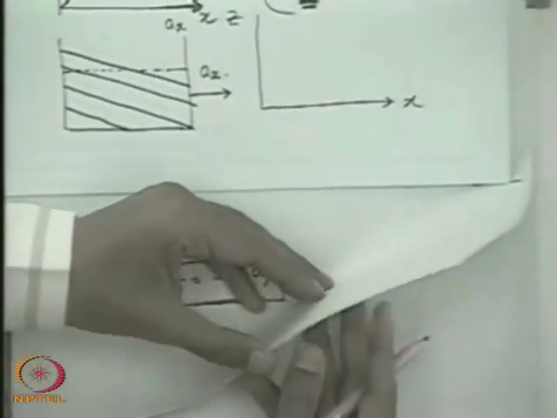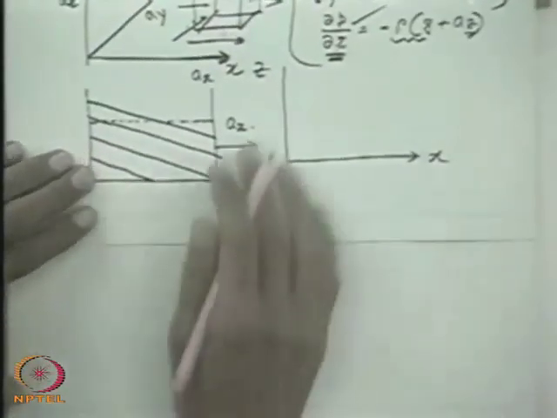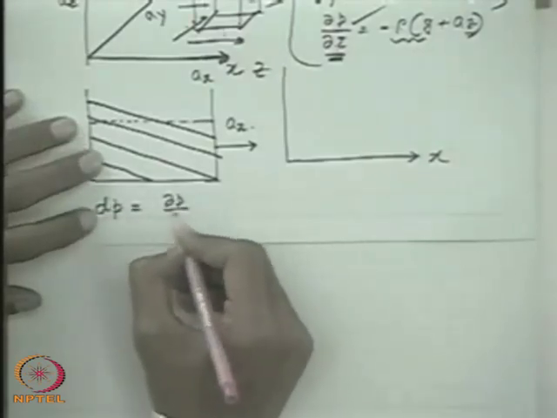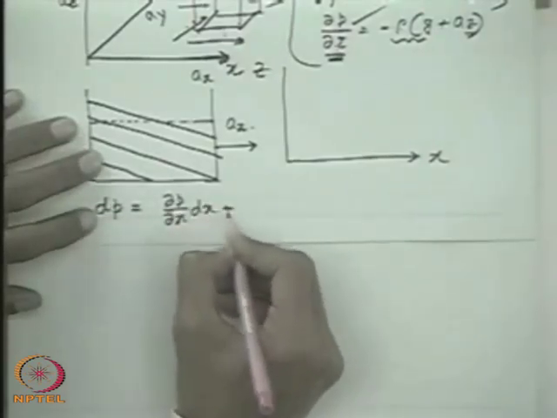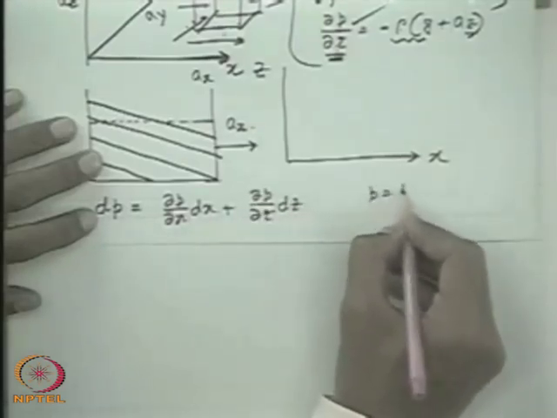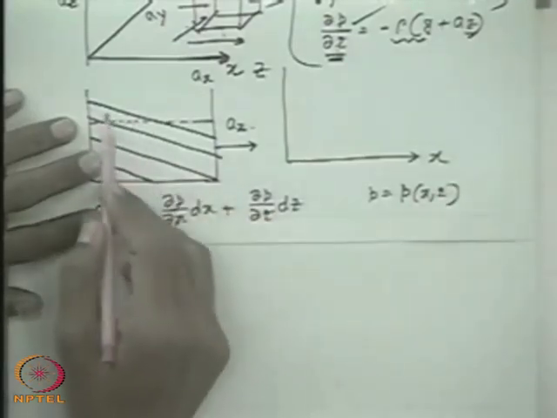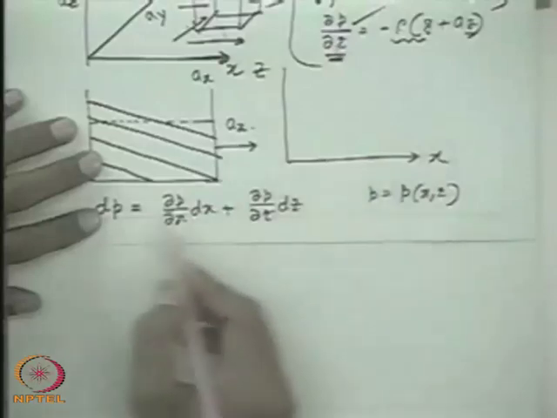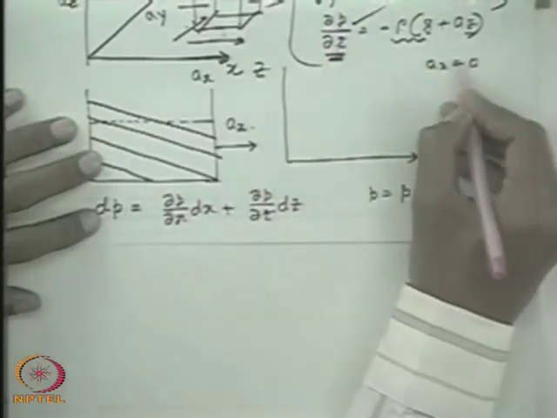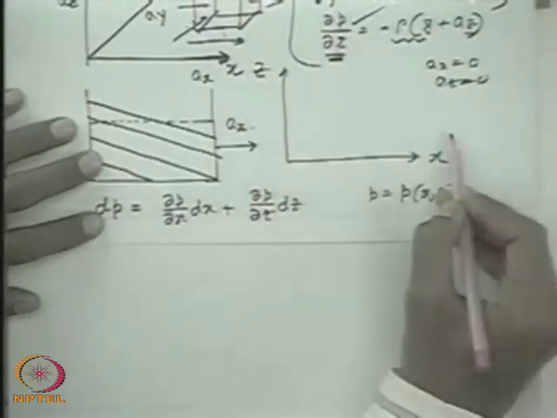Let us write dp is equal to del p del x dx plus del p del z dz. That means p is a function of x and z. Then along a constant pressure line, we are going to search for a constant pressure line in the xz plane. If in a two-dimensional case ax is 0, az is 0, z is the vertical direction, so constant pressure lines will be horizontal. That we know.